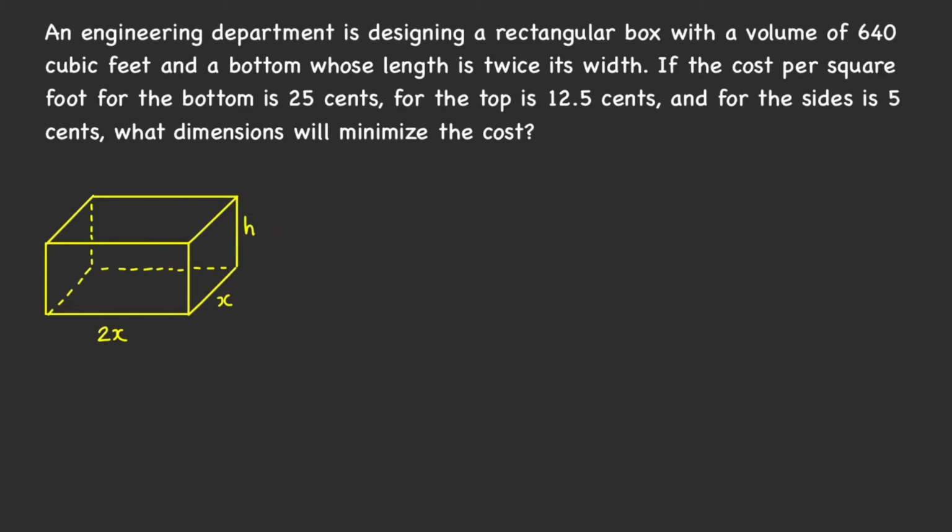Solving optimization problems may be divided into two steps. The first step is to write your objective function in terms of a single variable. When we say objective function, it's the quantity that you want to maximize or minimize. In this case, we want to minimize the cost, so that is our objective function. It's the cost function.